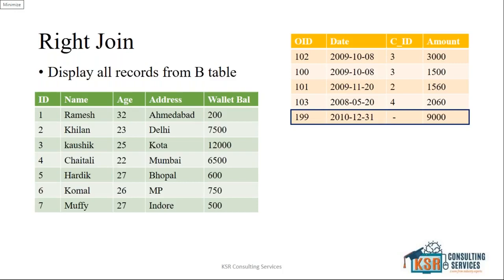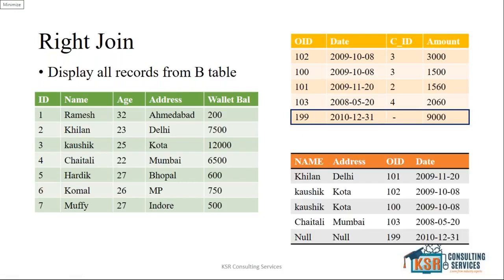When I do a right join, it says display all records from table B. This is my table B. If I do a right join, this is the result I will get.